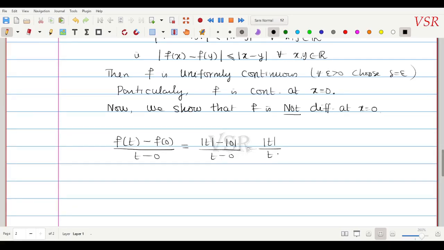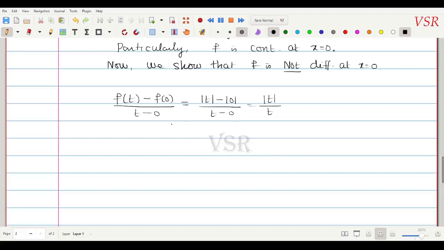Now we are going to calculate the limit as t tends to 0 of f of t minus f of 0 divided by t minus 0, that is, the limit as t tends to 0 of modulus of t divided by t.